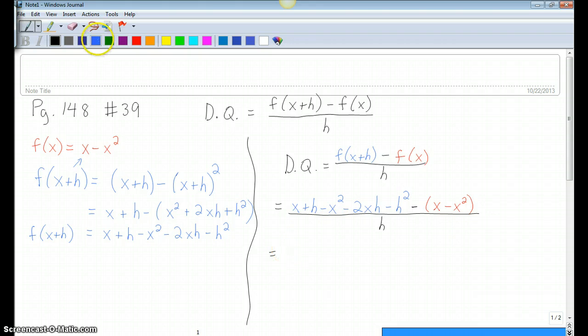And we get, I'm going to do one more simplification, what I want to do is distribute that negative with the parentheses. So that's minus x plus x squared, then that's all over h.